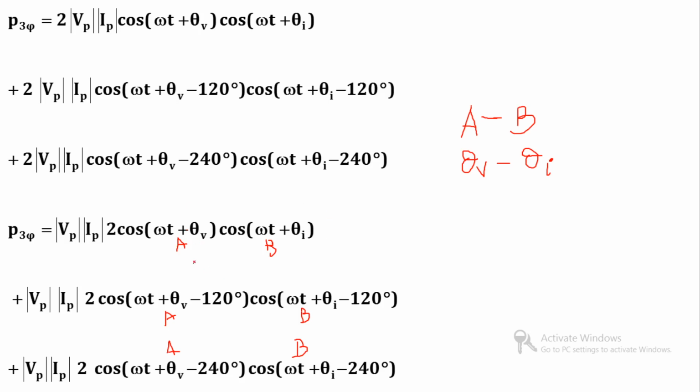The remaining term will be theta v minus theta I. Similarly also here omega t will be cancelled out, 120 will cancel out. So in the second term also A minus B is equal to theta v minus theta I. Similarly here omega t will be cancelled out, 240 will cancel out. So the resultant angle will be theta v minus theta I.